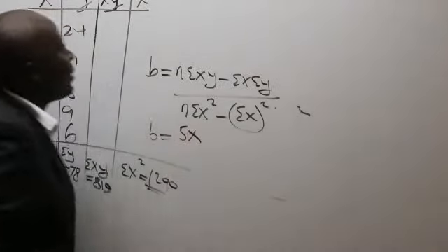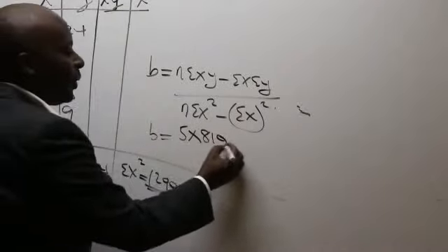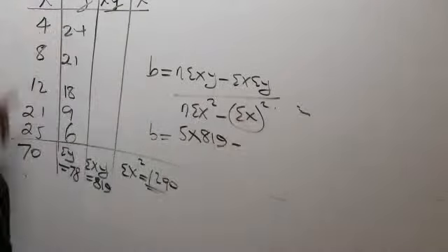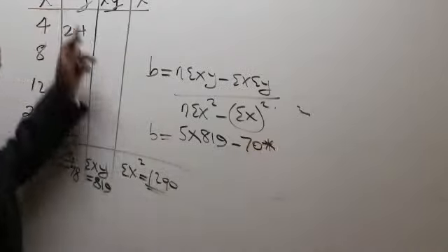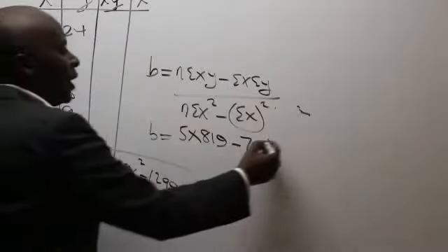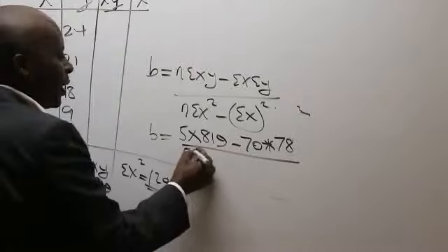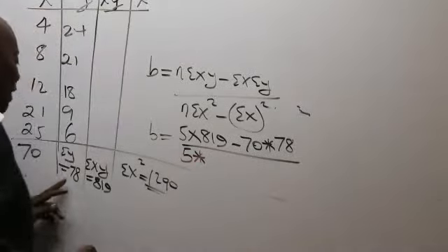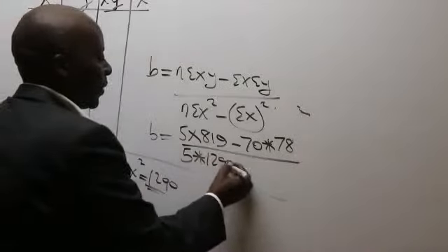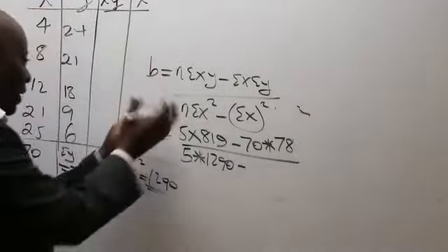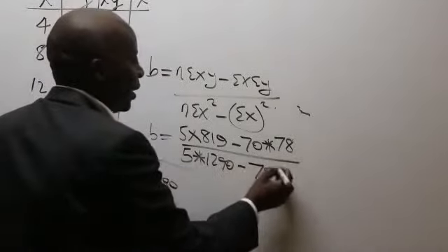So 5 times summation of xy, which is 819, minus sum of x, which is 70, times summation of y, which is 78, over n, which is 5, times summation of x squared, which is 1290, minus the whole sum of x, 70, squared.